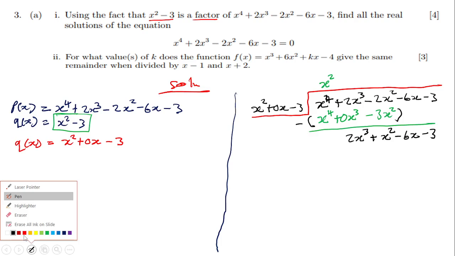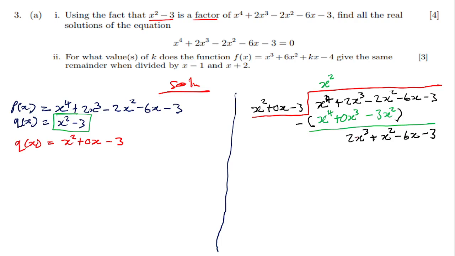Then I'll get x squared, I put it inside there, it's going to give me plus 2x. Then I'll say 2x times x squared, it's going to give me 2x cubed. Then 2x times 0x, it's going to give me plus 0x squared. Then I'll say 2x times negative 3 is going to give you negative 6x.